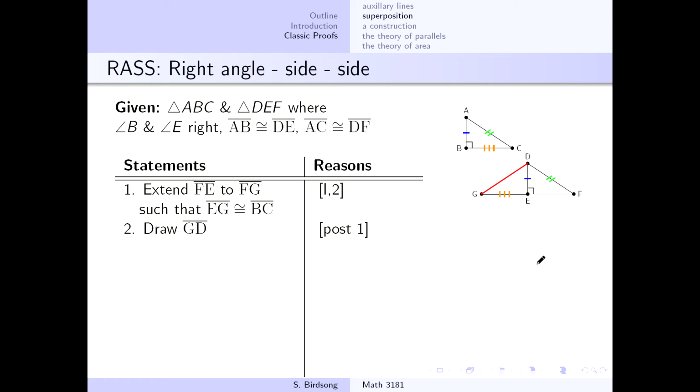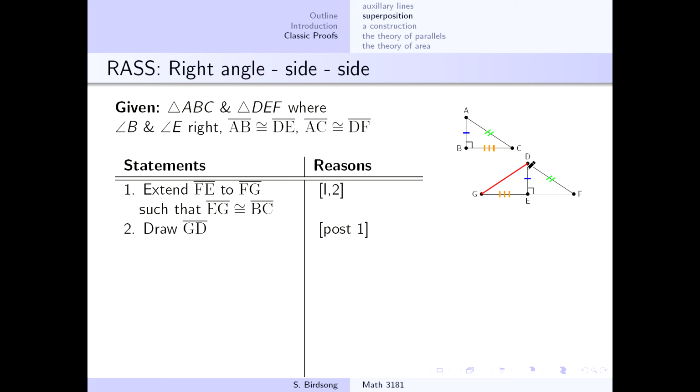Now, once we have that extension right here, the side EG that we know is congruent to BC, we're going to go ahead and attempt to copy this triangle ABC right over here on this left-hand side of our triangle DEF. So we'll just go in and connect the 2 points D and G together. Cite this with our construction step of postulate 1, which says any 2 points you can construct a straight line that contains those 2 points.